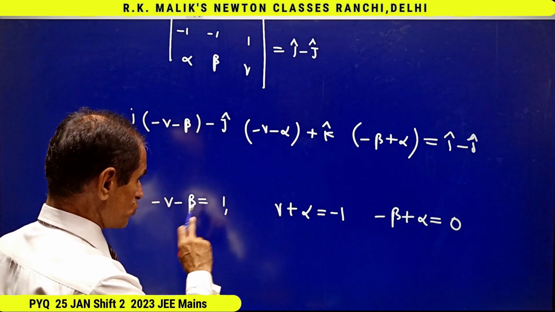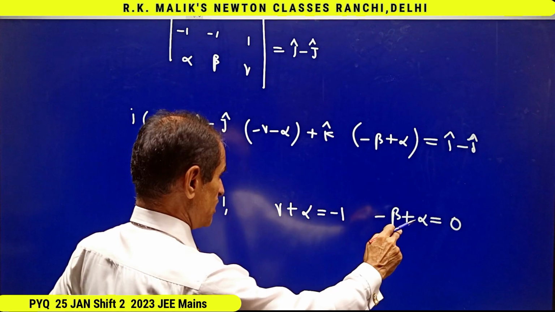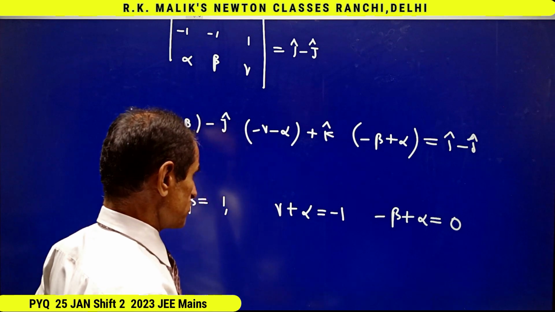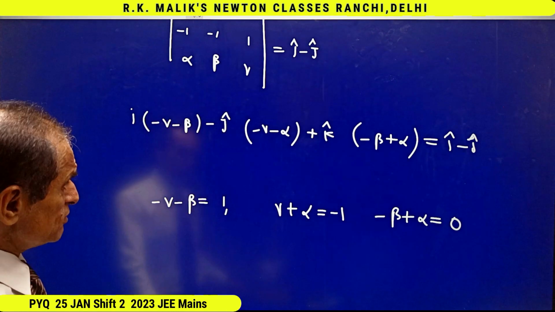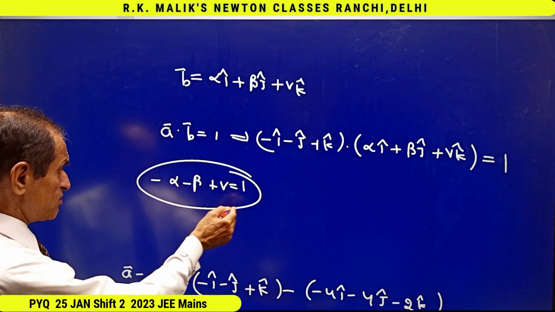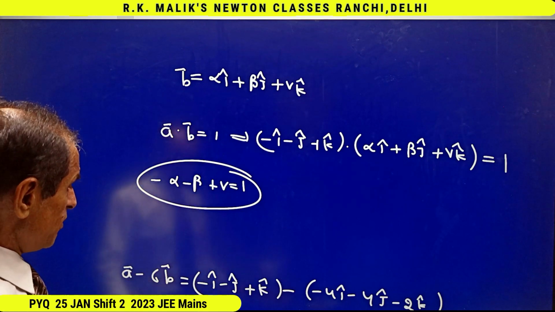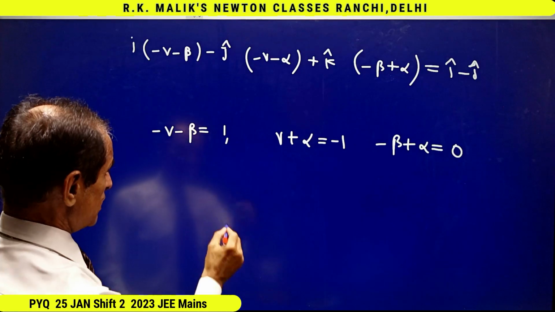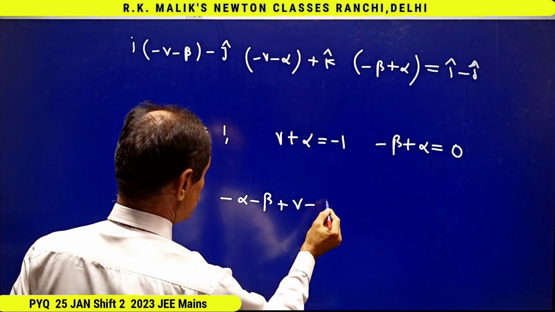If you add these two equations, you will be getting this. That is, this relation is surely satisfied once these two relations are satisfied. Hence, to find the value of alpha, beta, gamma, I will take the help of the relation which I had derived in the very beginning, minus alpha minus beta plus gamma equal to 1.